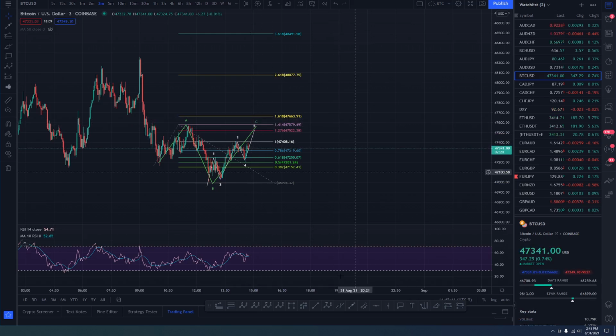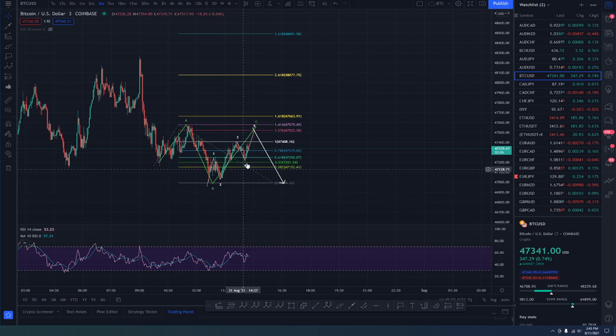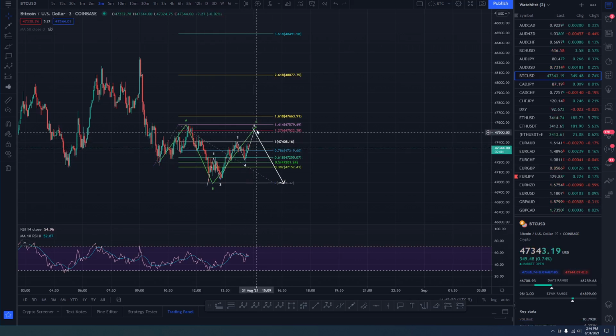Get you up here to the corrected fibs and then take a short. Now keep in mind, we've already hit the 1-to-1. This could go down from here. It could. I don't know if it is, but with the way this wave is looking, I would be more inclined to think this goes up from here to make 5 waves.